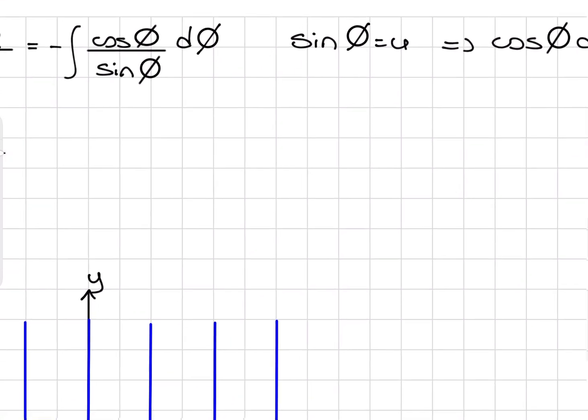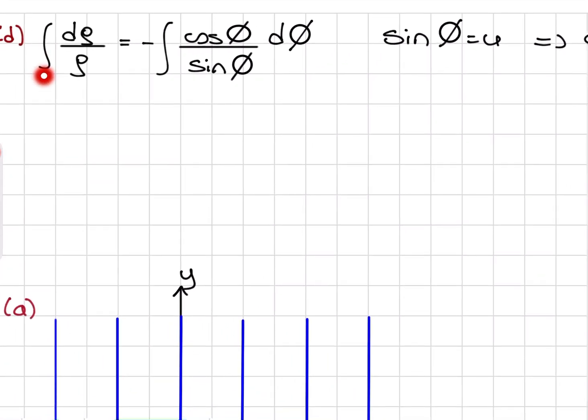So the left hand side is integral d rho over rho, that gives me natural logarithm of rho, and the right hand side is minus du over u, so that's equal to minus natural logarithm of u, and here I have a possible constant c.